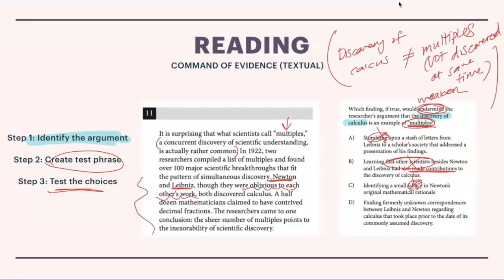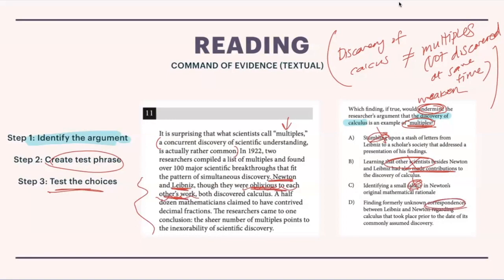Now, if we look at D, finding formerly unknown correspondences between Leibniz and Newton regarding calculus that took place prior to the date of its commonly assumed discovery. So if we see here, they said that Newton and Leibniz did not even know about each other's work, right? But then here, the correspondences means like the communication.